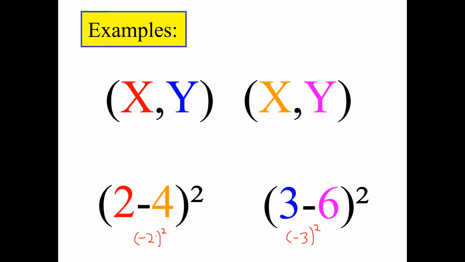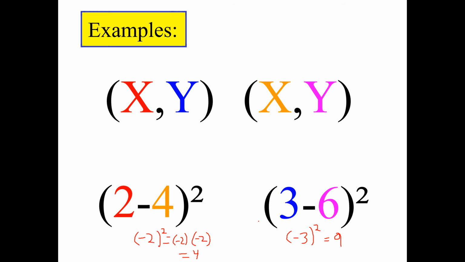So negative 2 squared is the same thing as negative 2 times negative 2, because I'm multiplying negative 2 by itself twice. And a negative times a negative is positive, so this is going to give me 4. Same thing over here, negative 3 squared is just going to give me positive 9. Never negative 9, just positive. So we found this is 4 and this is 9.